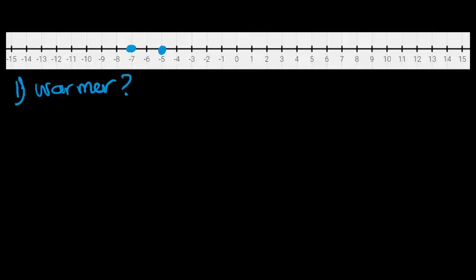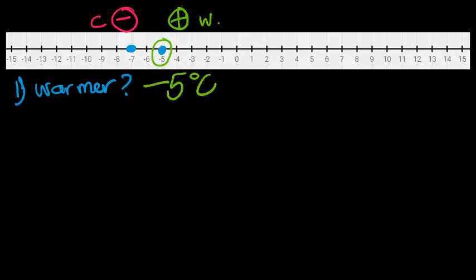We know that to the right is positive, and to the left is negative. In the words we know for temperature, to the right is warmer, and to the left is colder. So looking at these two numbers, the one more to the right is minus 5 degrees. So minus 5 degrees Celsius is warmer.